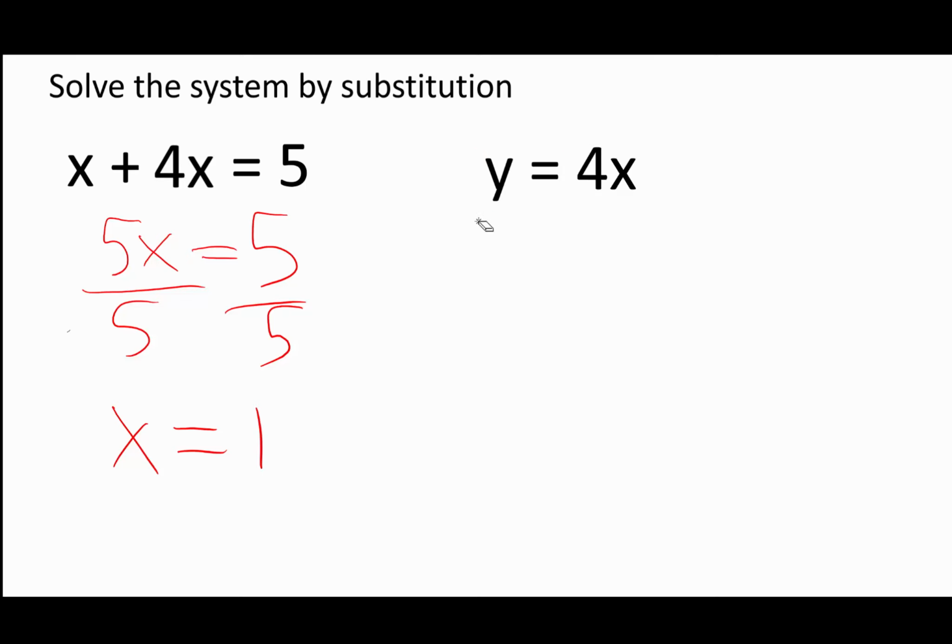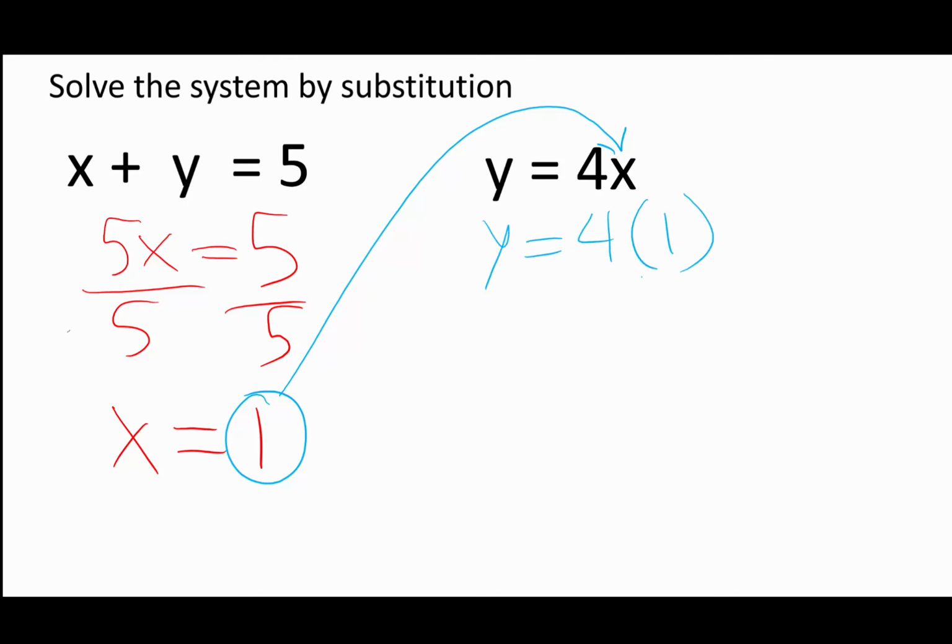So now that I have the x, I can take that and substitute back in for what x is into either equation. So we get y is equal to 4 times 1. So y is equal to 4.